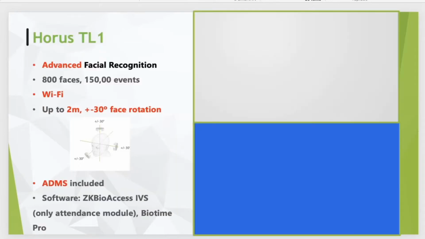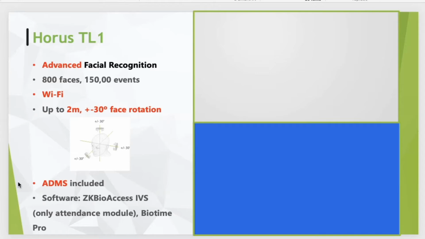Going with the next device, we have here the Horus TL1. This device is only for facial recognition. It's not multi-biometric like the MB20, but this one has a very cool feature, okay?